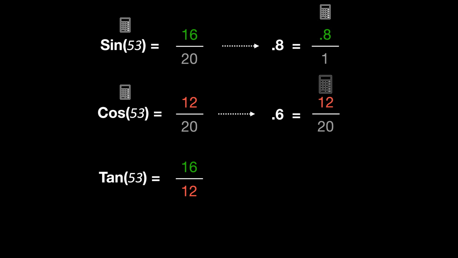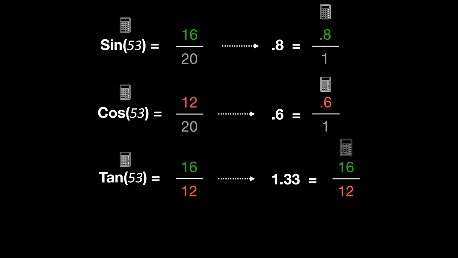And if you punch 12 divided by 20 into a calculator, it's also 0.6. Tangent of 53 in the calculator is 1.33, and that equals 16 over 12. If you plug that into a calculator, that's also going to give you 1.33.